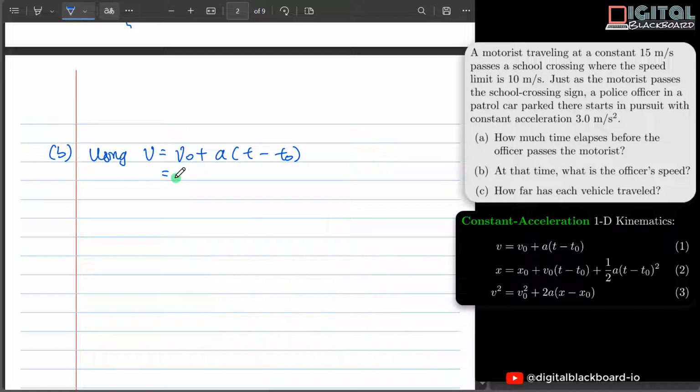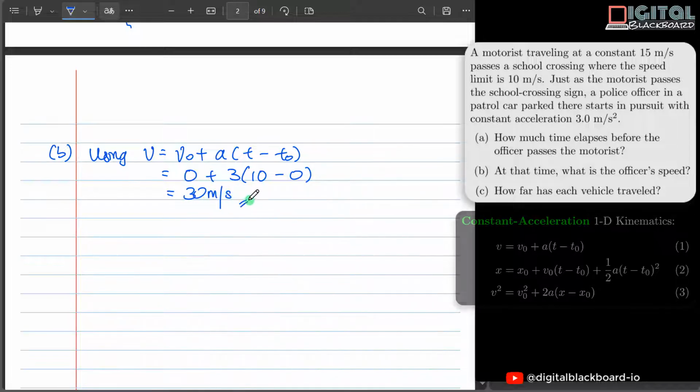The initial velocity of the police is just 0 at the school crossing. He has a constant acceleration of 3. t at that time is 10 seconds when they met again, and the initial time is 0. So we end up with 30 meters per second.